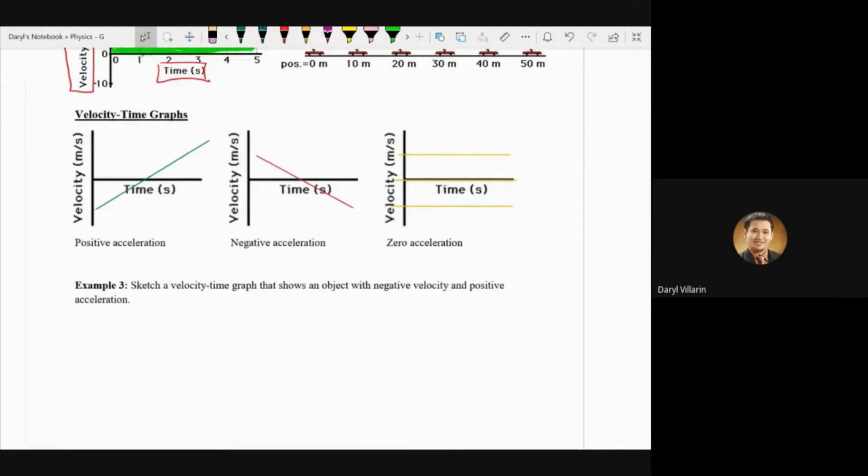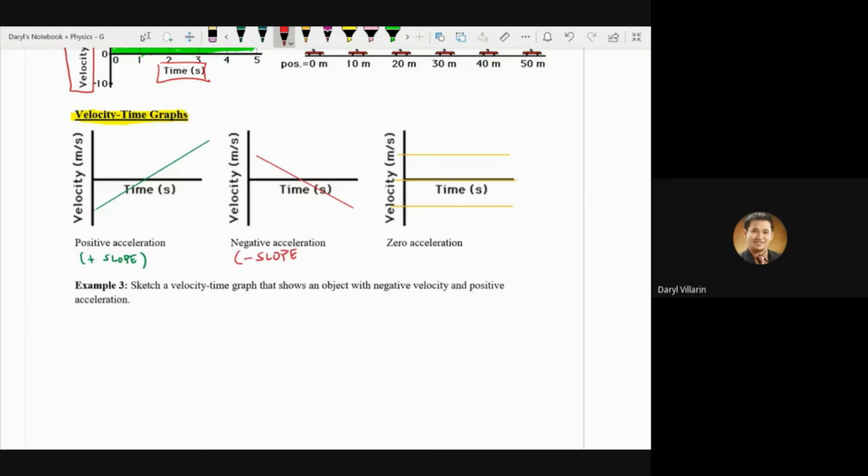And again, we're talking about the velocity time graphs, and you have 3 cases here. Positive acceleration, if you have a positive slope. So this is positive slope. So automatically, if you can create a straight line that the slope is positive, that means that the acceleration is positive in that particular case. And then negative acceleration means negative slope.